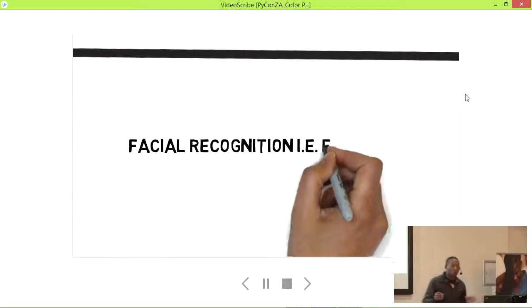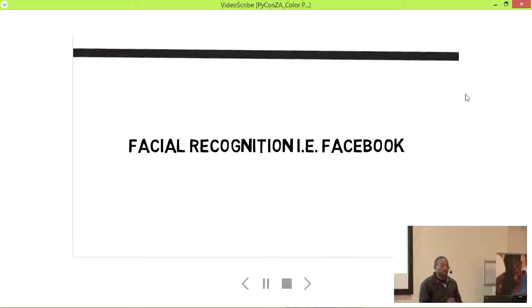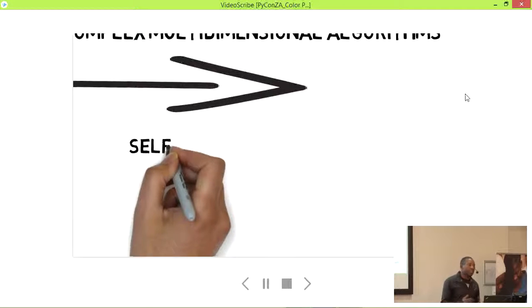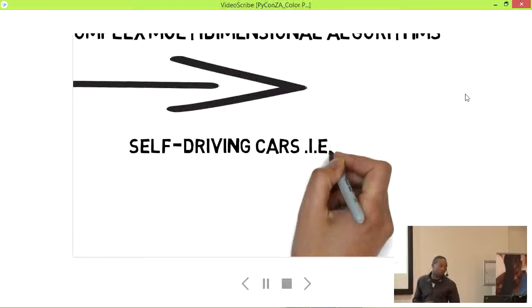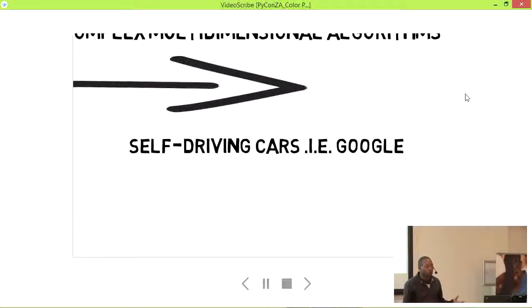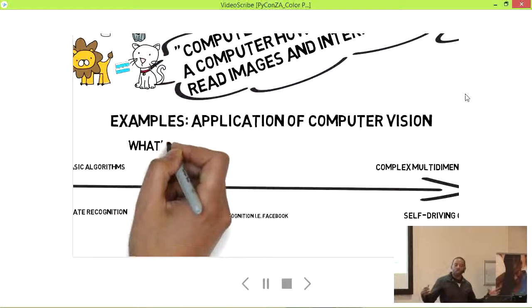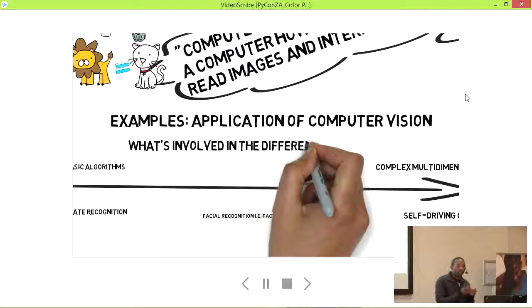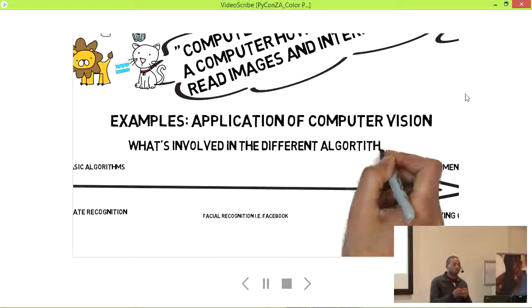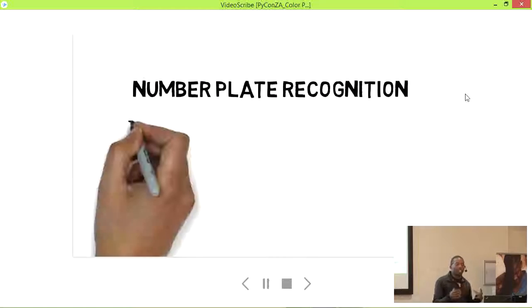Then we move along the continuum to facial recognition, the kind used by Facebook, and then we move to self-driving cars. This is what Google has decided to embark on. With all these technologies across this entire spectrum, what you're really looking at is the different algorithms, the different tools, the different complexities within it.